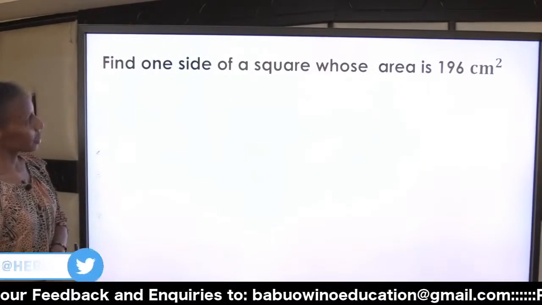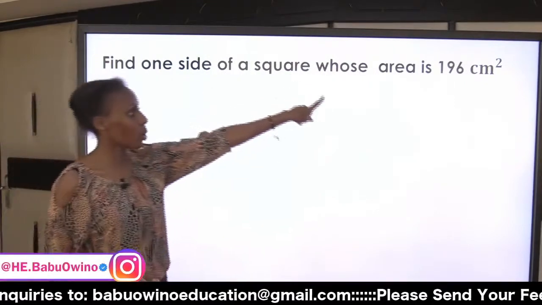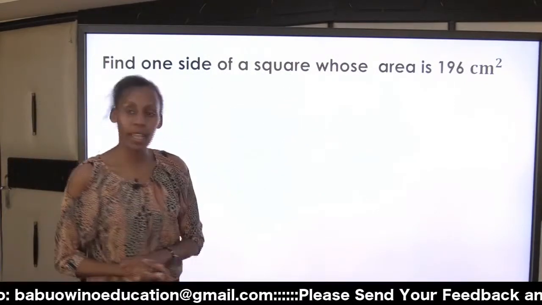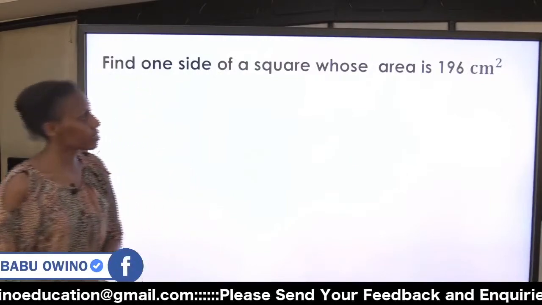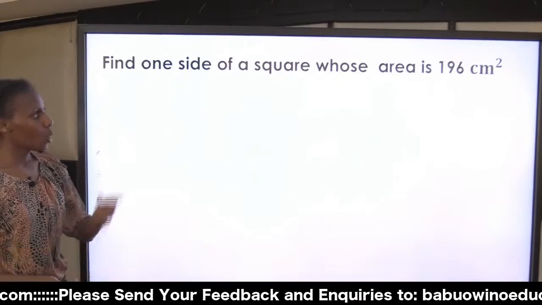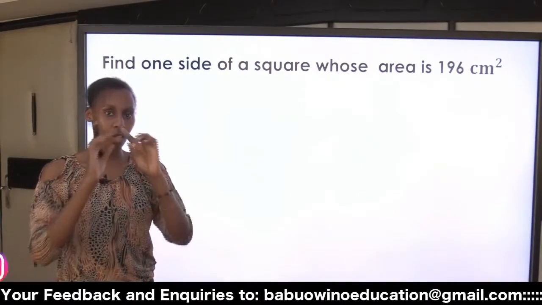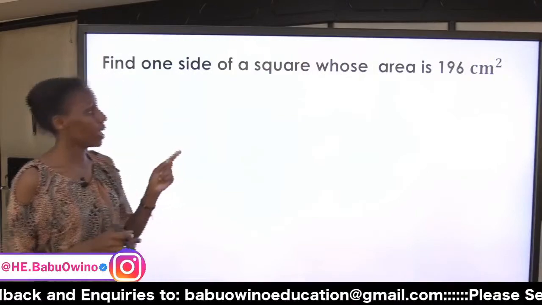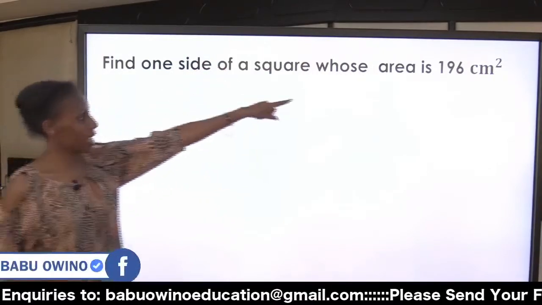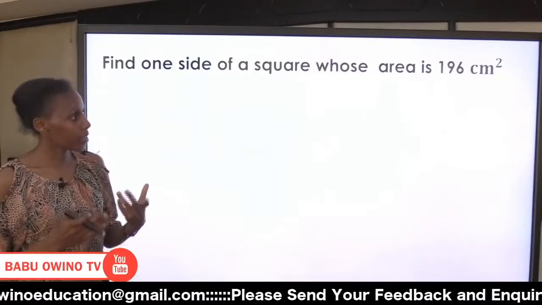Now, there's another concept that has been introduced here. Find one side of a square whose area is 196 centimeters squared. We know that a square is a 4-sided figure that has got all sides being equal. And for us to get that area, we do side multiplied by side. What does it mean?